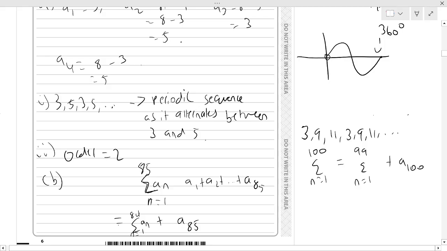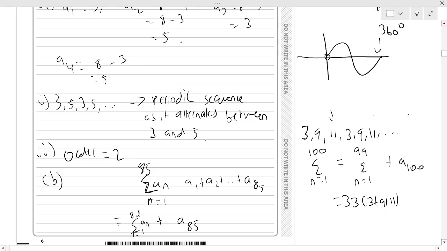And then 99 is divisible by 3 exactly, so it's going to be 33 lots of 3, add 9, add 11. 33 lots of 3, 33 lots of 9, 33 lots of 11. And the 100th term, well, what's the 99th term?